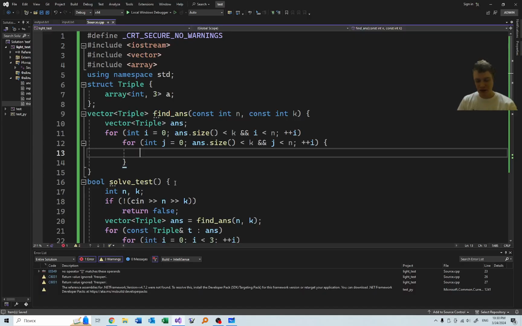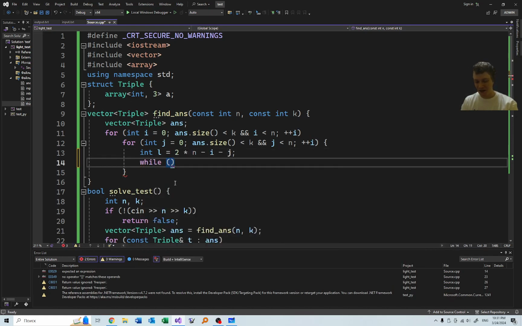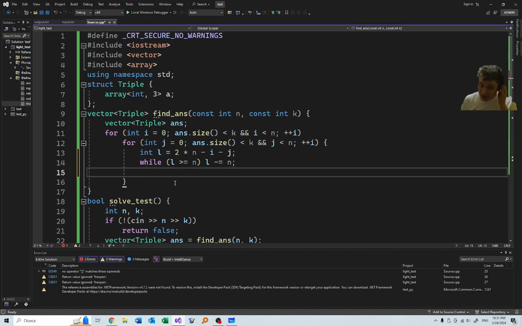Okay, let's first calculate the third number. Int L equals, how can I calculate it? It's like 2 times n minus i minus j, and while L is at least n, L minus equals n. So this is our number, L.